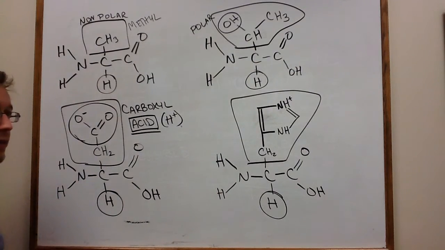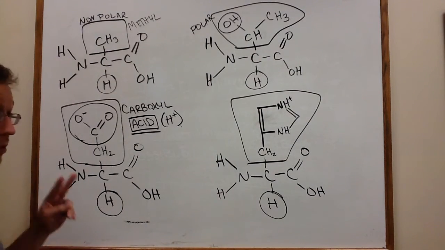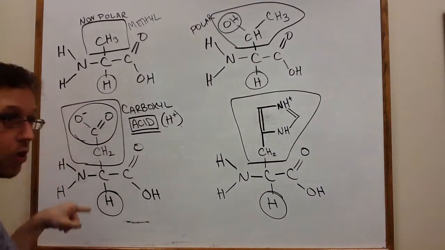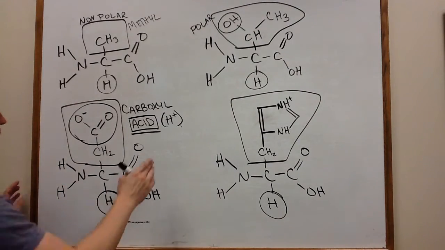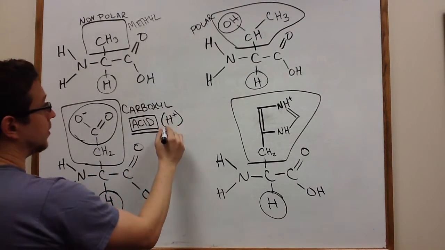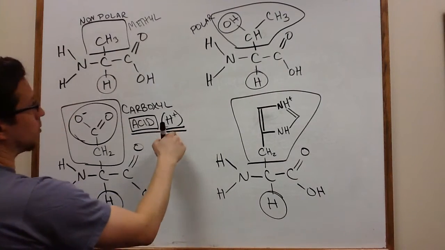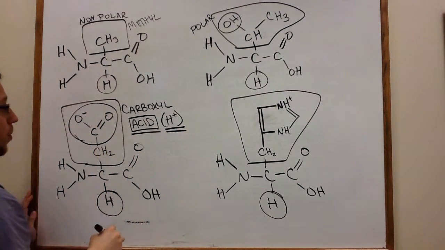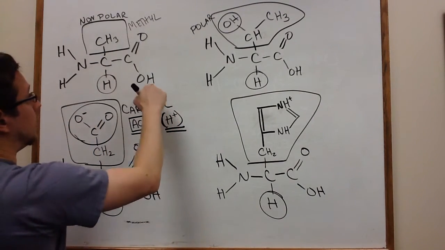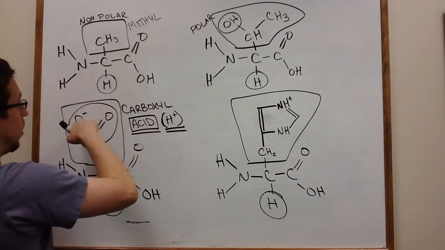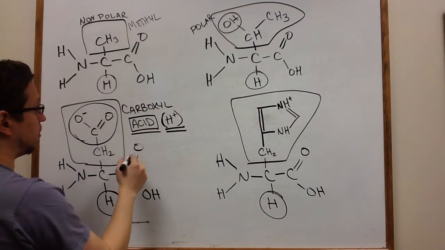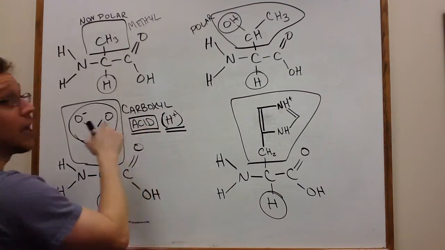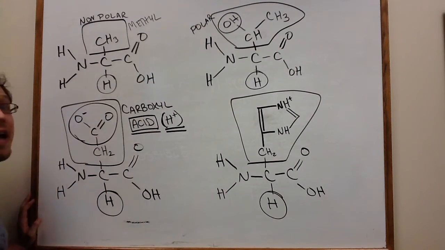So we classify this as an acidic amino acid for two reasons. One, it has a carboxyl group, but the other reason, the more important reason, is that when we have that carboxyl group here in that ionized form, it actually represents us giving up a proton, thereby increasing the proton concentration of the solution, making this substance an acid.